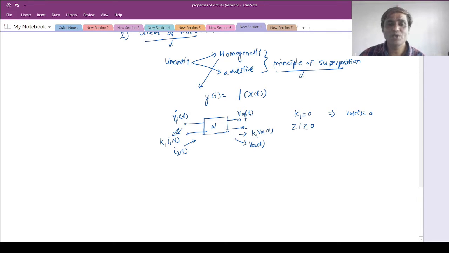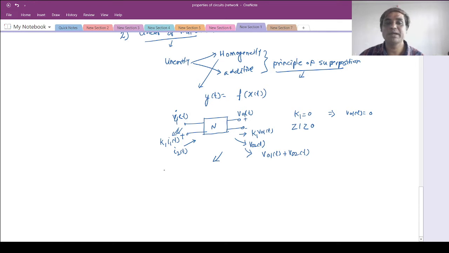Now if I add both excitations and apply them to the same network, that is I1 of t plus I2 of t, what will happen at the output? If the network is linear, the responses will also be added, VO1 of t plus VO2 of t.